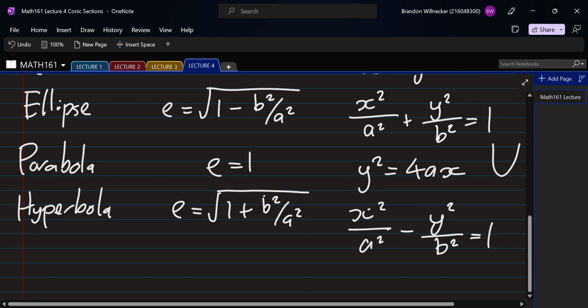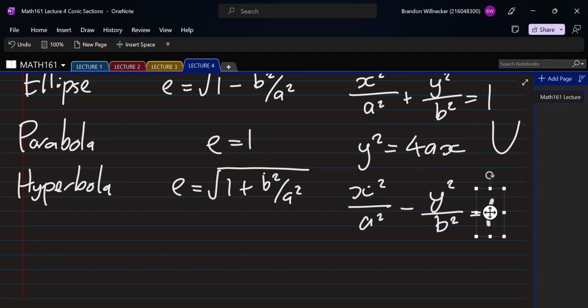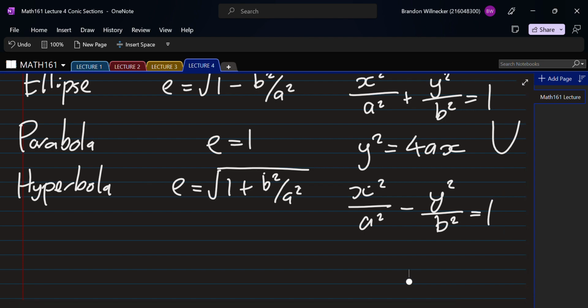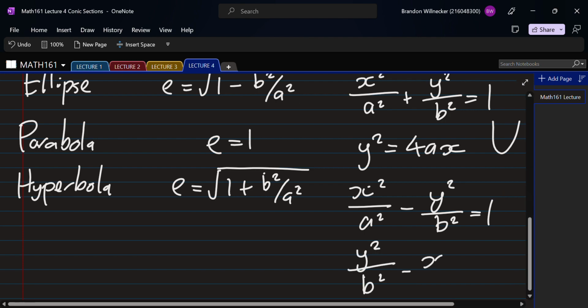Okay, and then as with the parabola, we can have vertical ones or horizontal ones. We can have a similar thing for the hyperbola. So the x term and the y term, we can swap those around. So we can have y squared over b squared minus x squared over a squared equals 1.